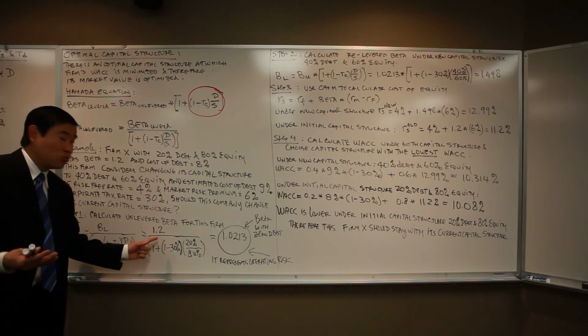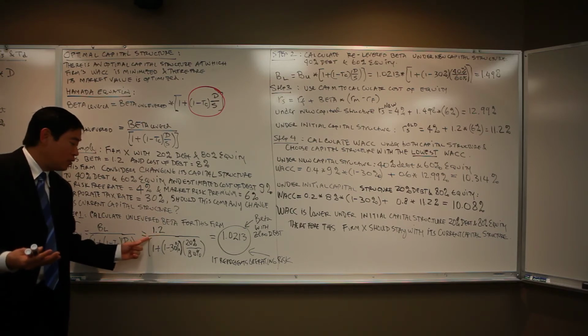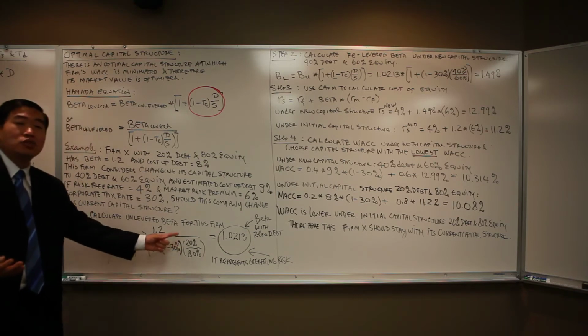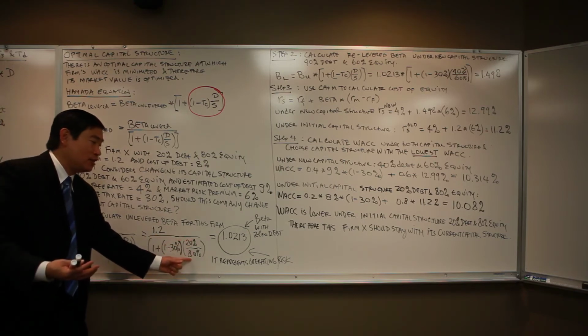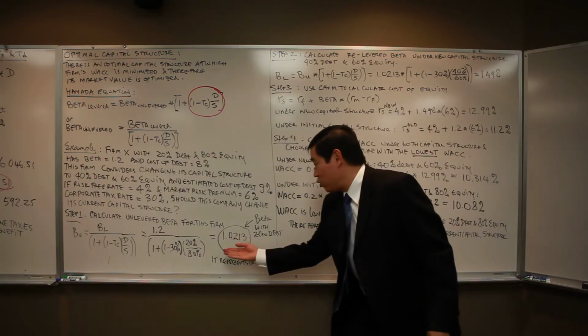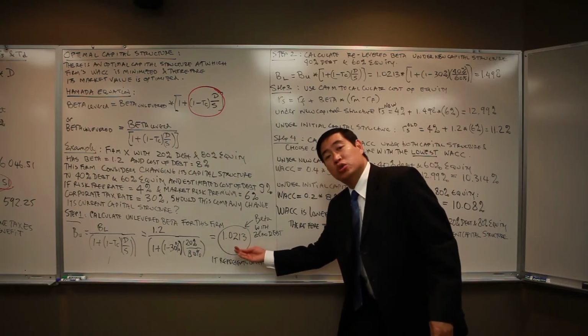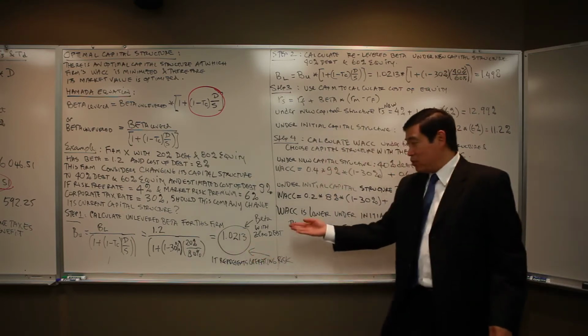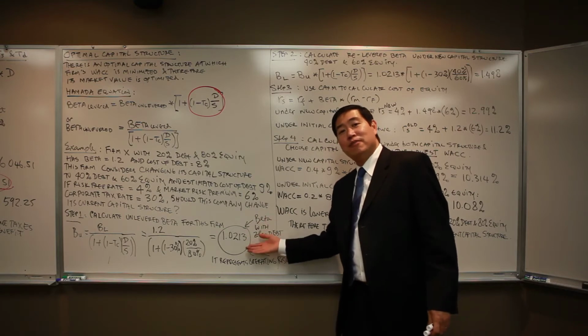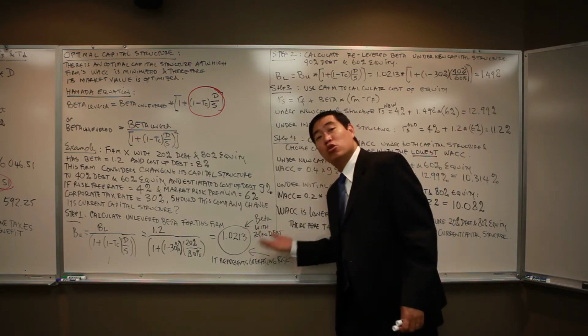So we divide 1.2 by 1 plus (1 minus 30%) times 20% over 80%. So we get the beta of the unlevered firm equal to 1.0213. This is basically the beta for firm X as if firm X has zero debt.